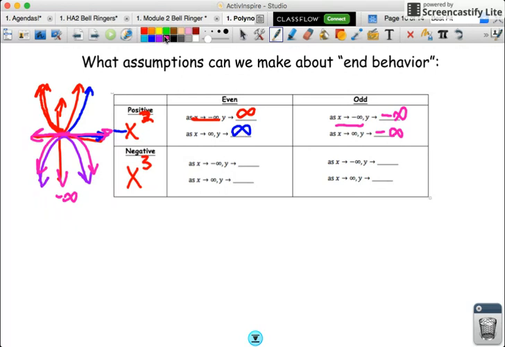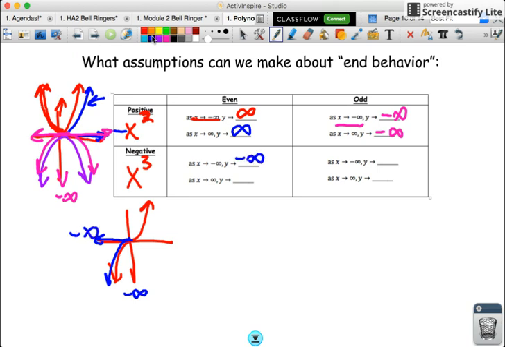Now let's think about our x cubed graph. If it's going like this, positive, notice these are going to be opposite. On my quadratic, they're both going the same direction, so they're both towards infinity, or both towards negative infinity. But on my cubed, I'm going to be looking at two opposite directions. So as I am approaching my negative x values, my graph is going down towards negative infinity.